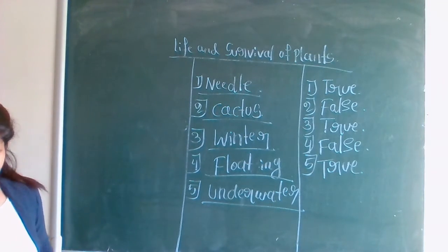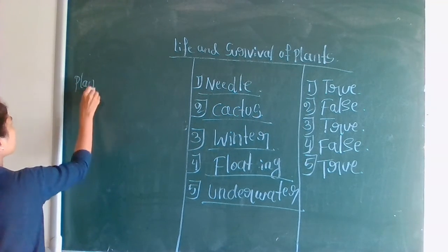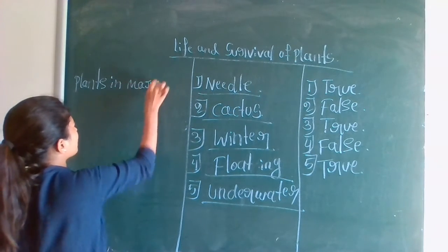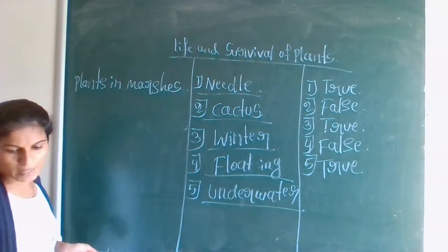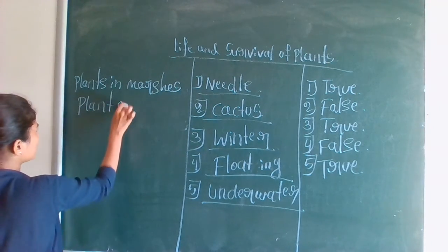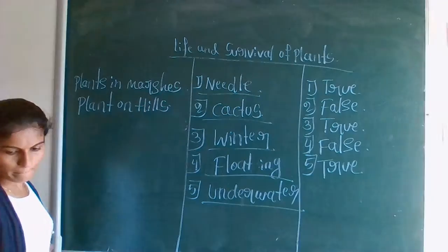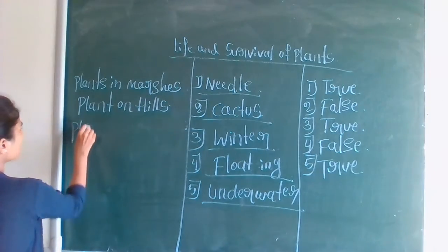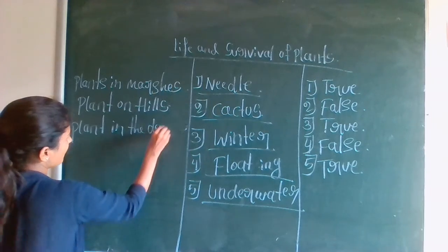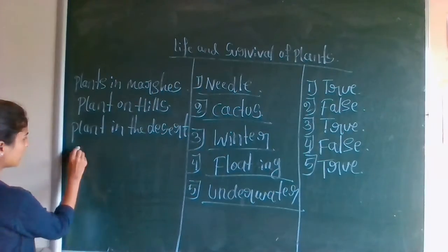Match the following. First one is plants in marshes, and plants on hills. Next, plant in the desert. Next, insectivorous plant.